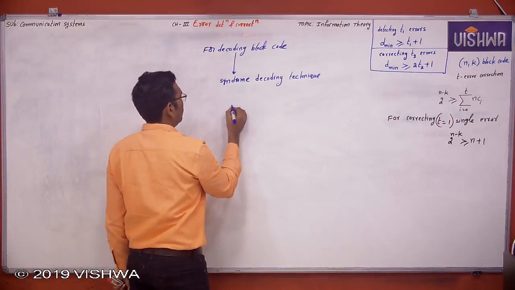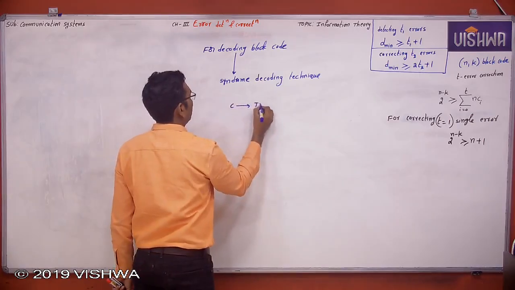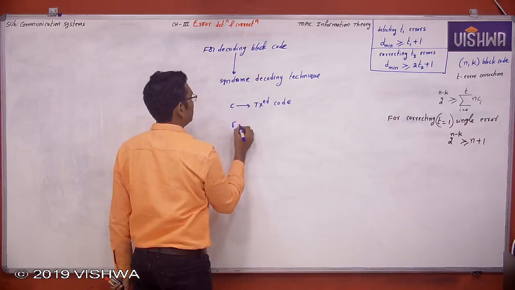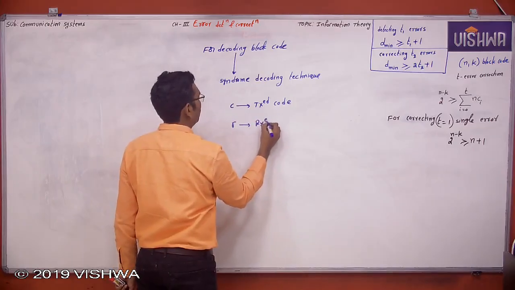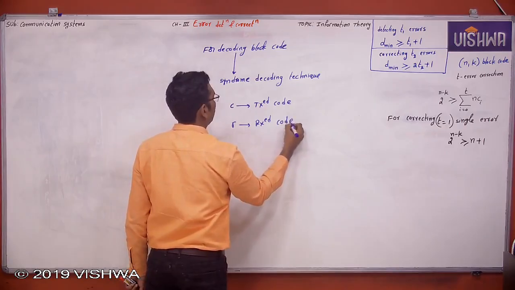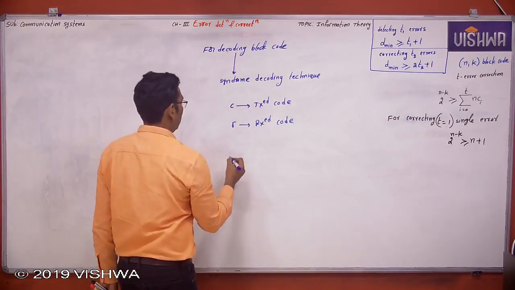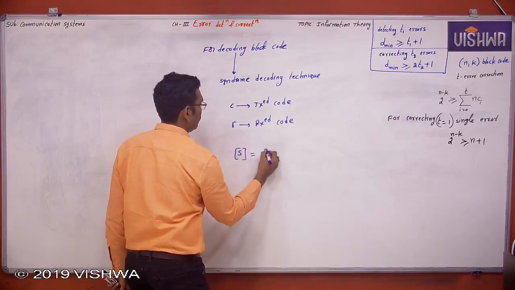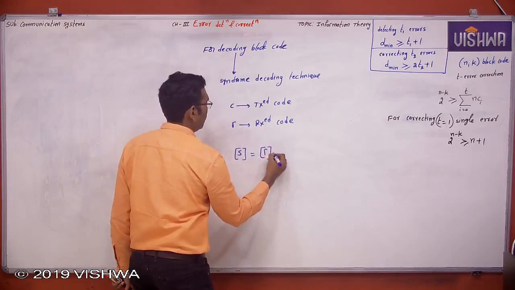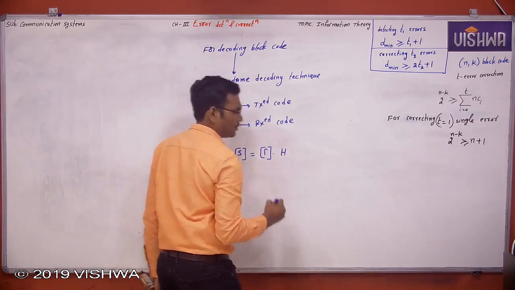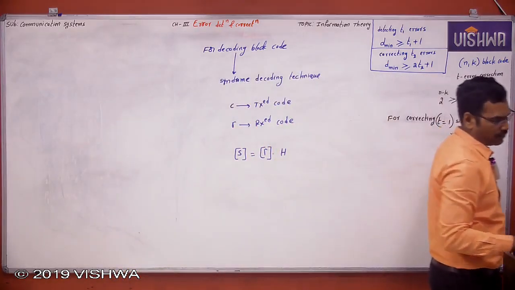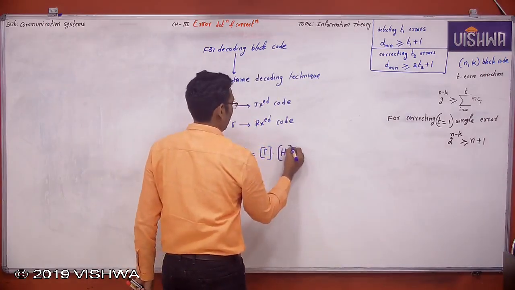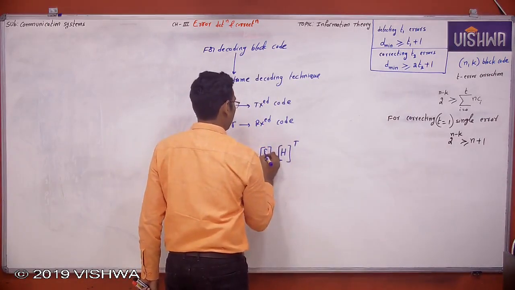So let us say C is the transmitted code and R is the received code. Therefore, the syndrome matrix S is equal to the received code into H transpose. So R is the received code.